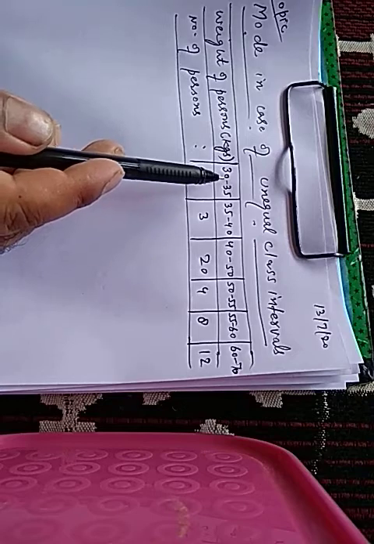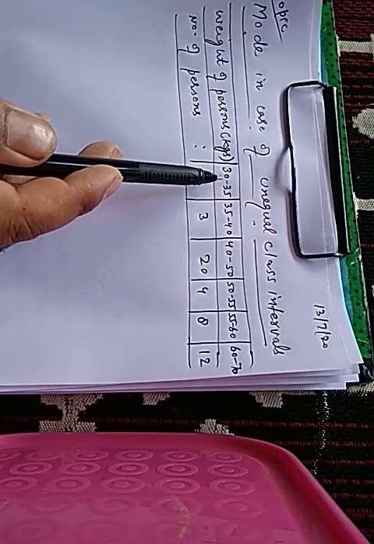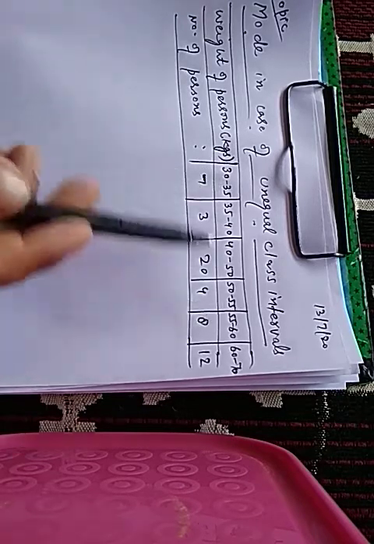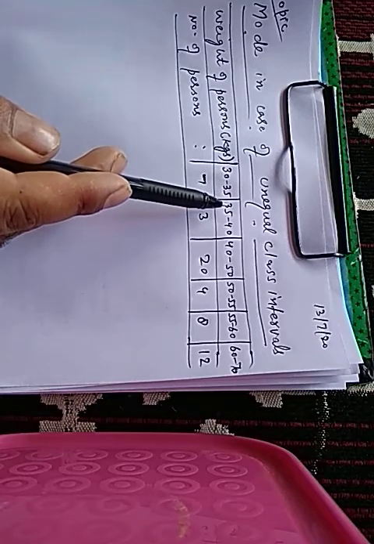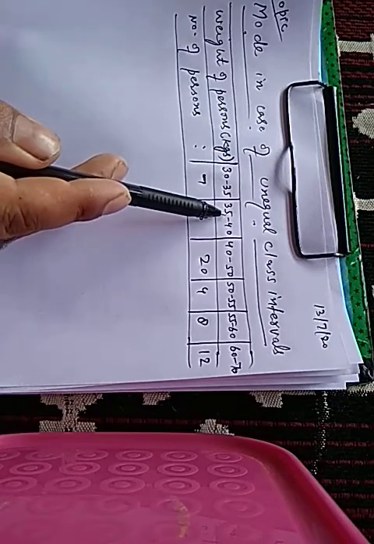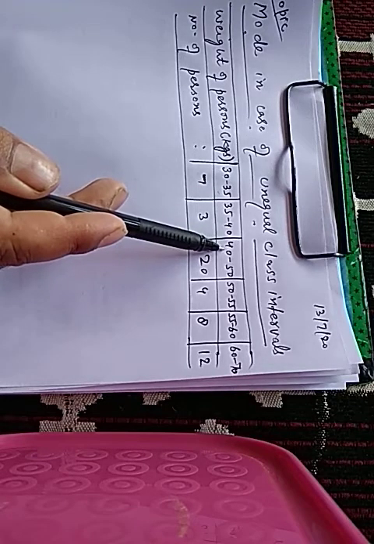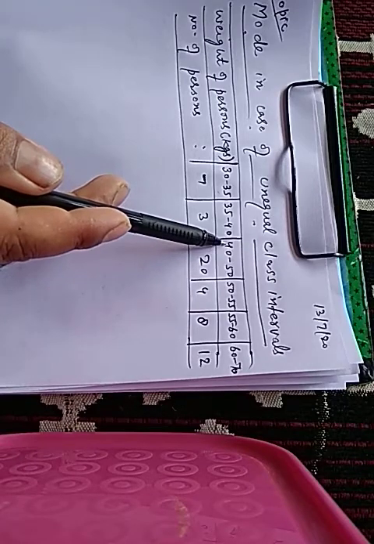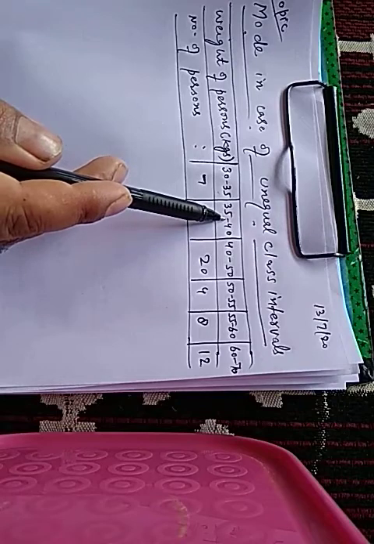If you look at this data, you will find that there are unequal class intervals. The size of class interval is not the same throughout the whole data. In these two class intervals, 30 to 35, 35 to 40, there is a difference of 5, means same. But in the third class interval, the lower limit is 40, upper limit is 50, the difference is 10.